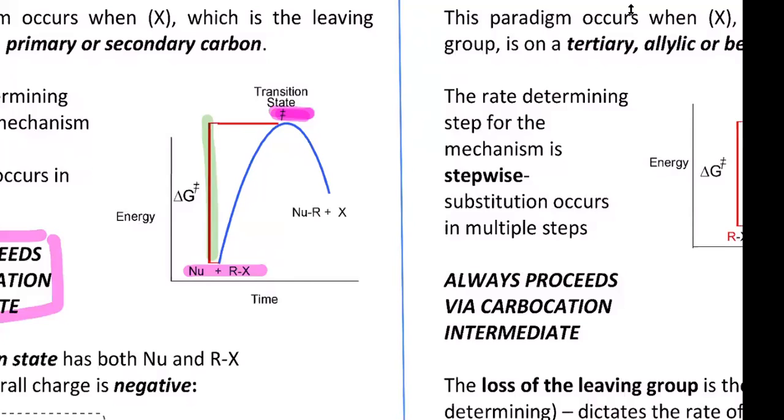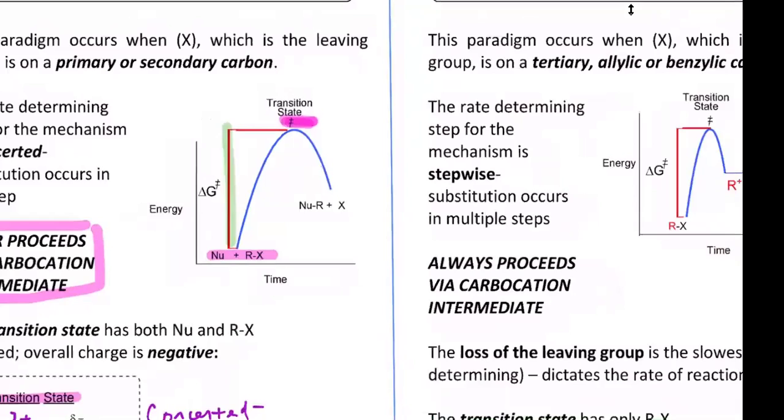And the reason I'm showing it like this is because the attack of the substrate and simultaneous loss of leaving group is the rate determining step for the SN2 mechanism, right? So it's going to have a high activation energy compared to any other steps in that process.